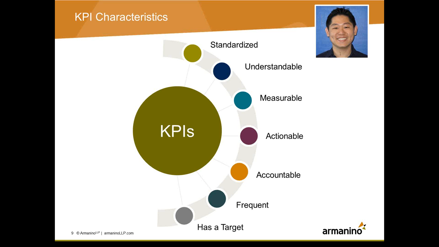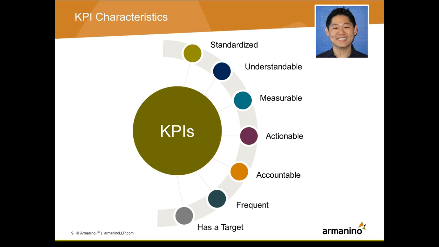The next one here is the frequency. A KPI is not something that you just look at once a year. A KPI typically is something that you look at over time, and what we typically come across could be weekly, monthly, or quarterly. But this is not a hard and fast rule for everyone.